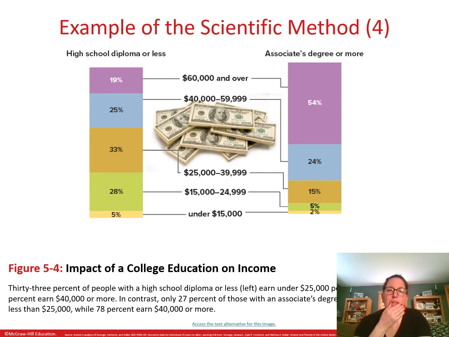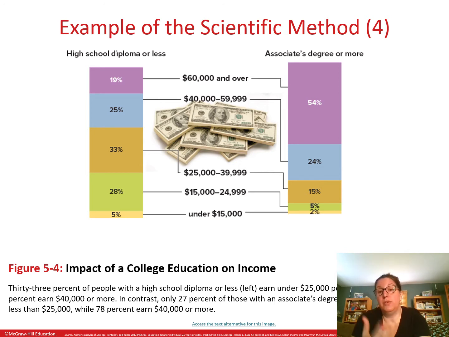And this is another way they illustrate, which is another thing to consider when you're doing research. It's really hard to look at a table full of numbers. So illustrating it in the form of a graph or a depiction on a map can help the reader visually see. And right away, what jumps out is that people with an associate's degree, 54%, are making over $60,000 a year.